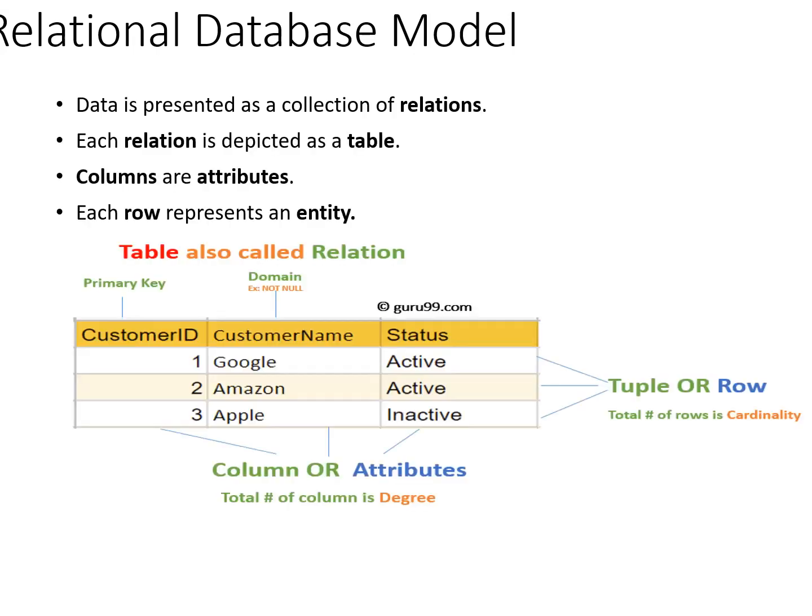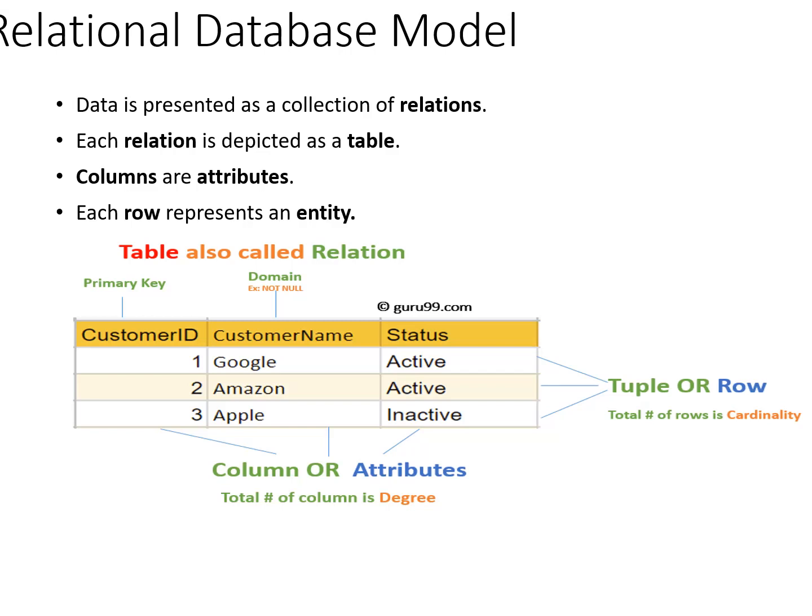To dive deeper into this, the data is represented as relations. So what do we mean by a relation? As we have already learned in the previous slide, in a university database you could have multiple relations or multiple tables, like a student table, a course table, a teacher table.